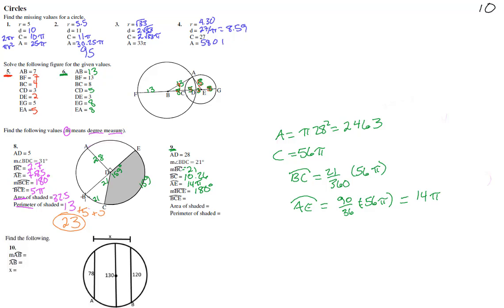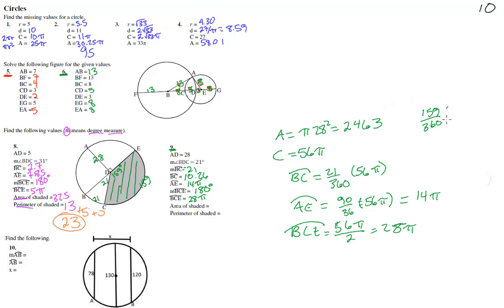And measure of arc BCE is 180. So arc length of BCE is going to be 56 pi, and now we're going to divide it by 2, so we get 28 pi. So arc length of BCE is 28 pi. All right, let's try the area of the shaded region. So we've got 159 degrees, and so the area of the shaded region would be 159/360ths of the circle.